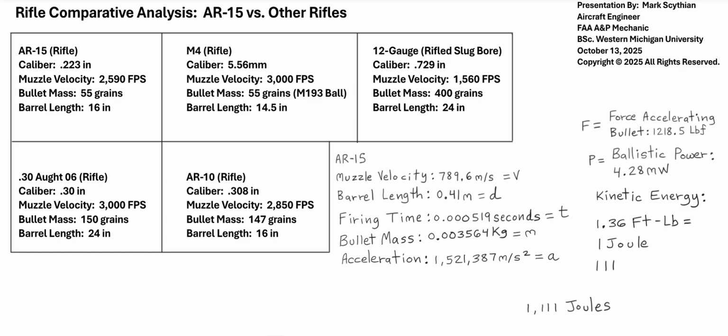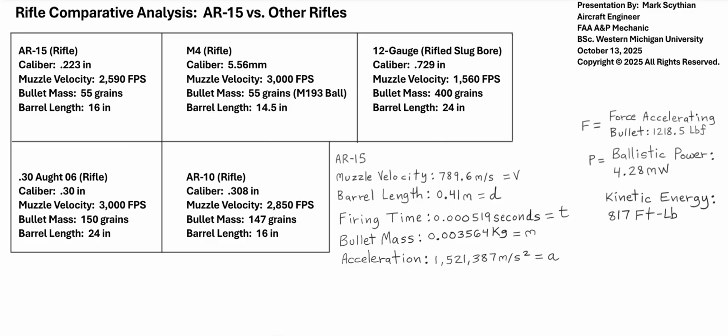So in this case, it will be 1/2 mass times velocity squared, so that is the mass of the round times the muzzle velocity squared, and so we yield 1111 joules, and we know there's 1.36 joules to a foot-pound. I have that backwards, but it should be divided into 1.36. So we have kinetic energy of 817 foot-pounds for the AR-15, and then we have next the bullet impact pressure.